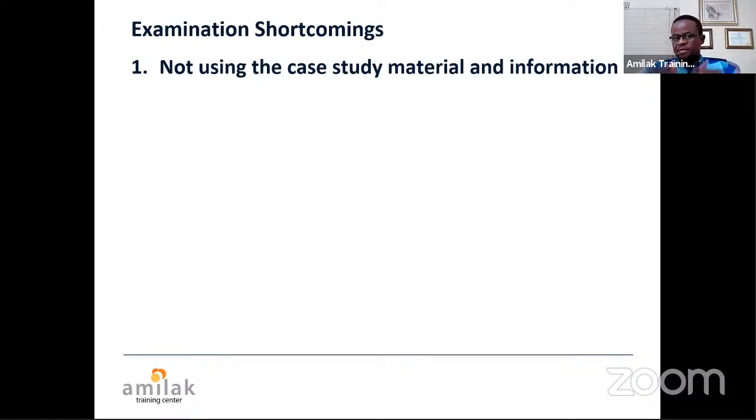They'll give you the scenario and then ask you about the capital procurements in that scenario. You don't go off on a tangent and start bringing elements or examples of capital procurement that are not given in the study material. Do your best to stick with the elements that are highlighted in the case study. So that is the one thing.